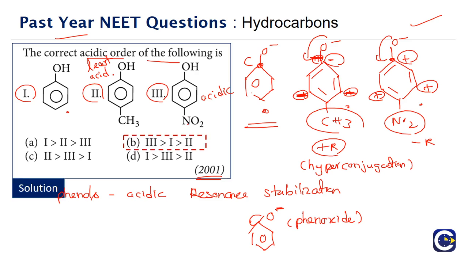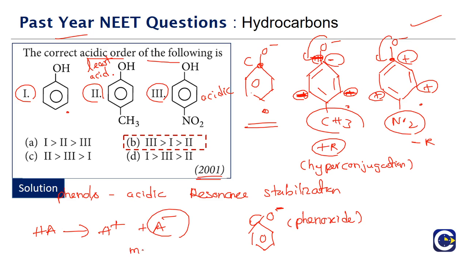Here we are trying to explain this question based on the stability of the anion formed after the release of H plus. The more stable the anion formed, the corresponding acid will be a strong acid. If you have an acid like HA, it will give us H plus and A minus.